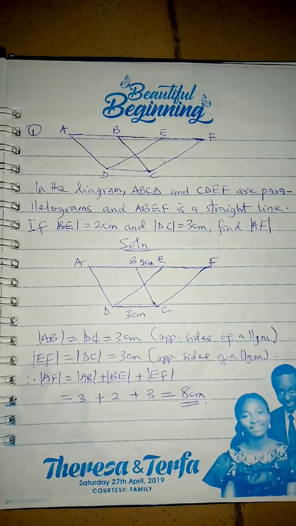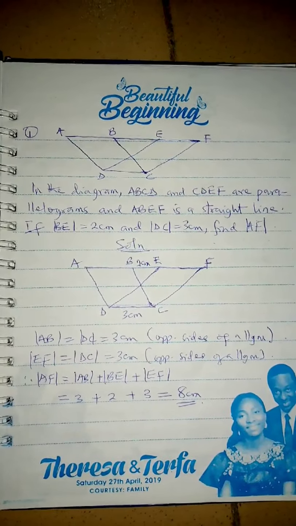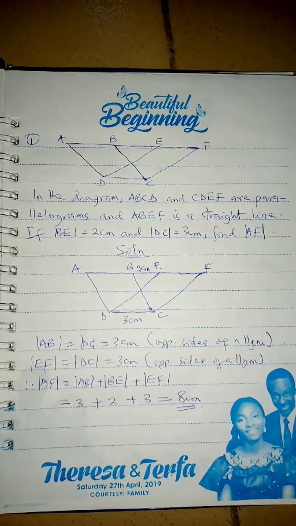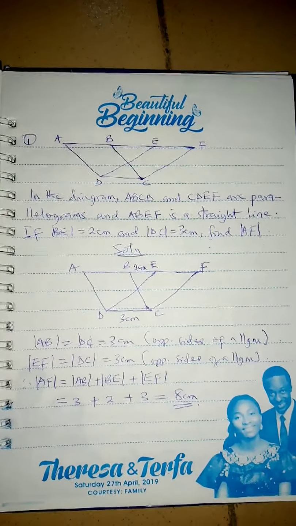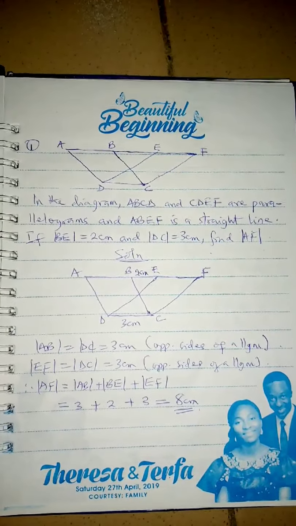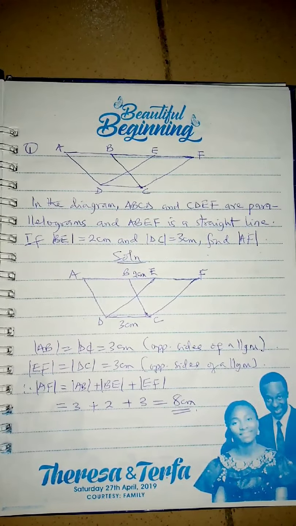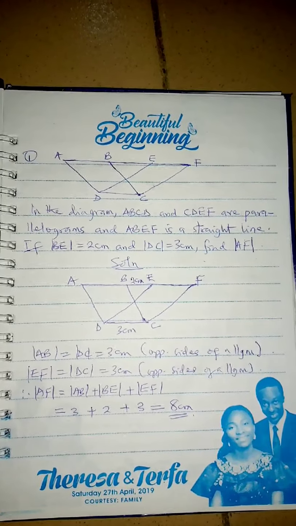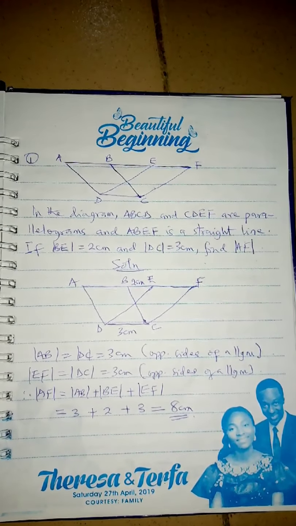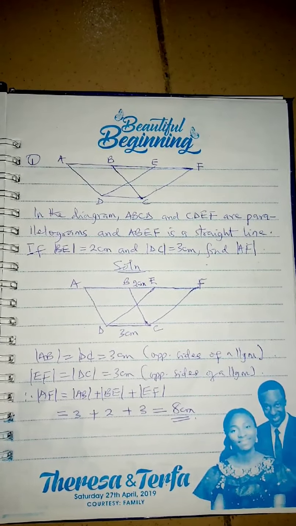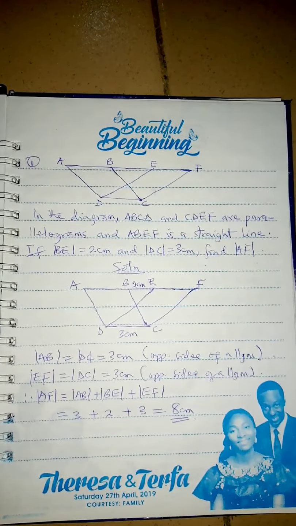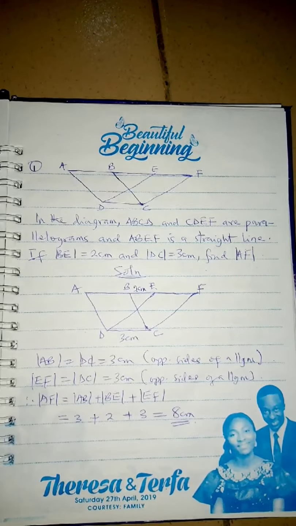Parallelograms and related quadrilaterals such as rhombuses, rectangles, and squares. I will start with their properties, that is, properties of a parallelogram, properties of a square, properties of a rectangle, and properties of a rhombus.